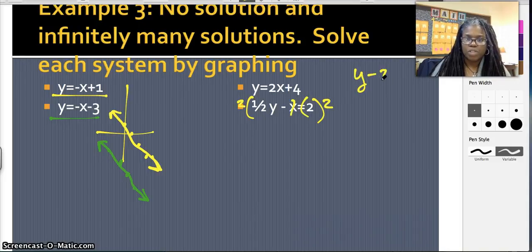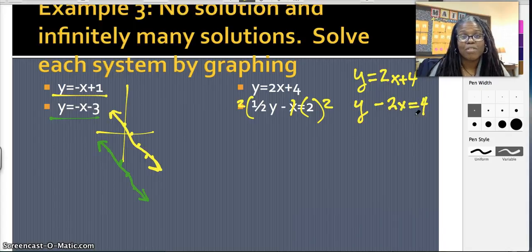The first equation I'm just rewriting: y is equal to 2x plus 4. In the second equation, I distribute the 2 through, so I get y minus 2x is equal to 4. Already you can see that with a minor adjustment of moving that -2x to the other side, I have exactly the same line.